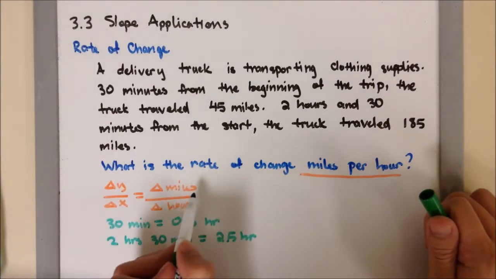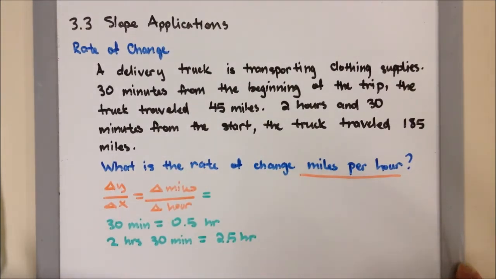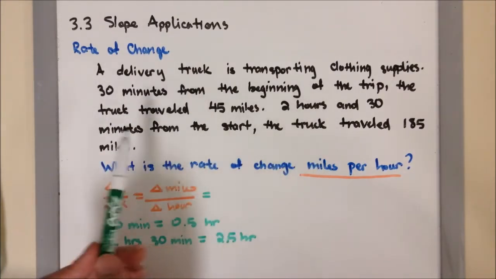So for my change of miles, we're going to start with the latest. Now sometimes it helps if you write it in coordinate points. So for example, our first one was 30 minutes and 45 miles.